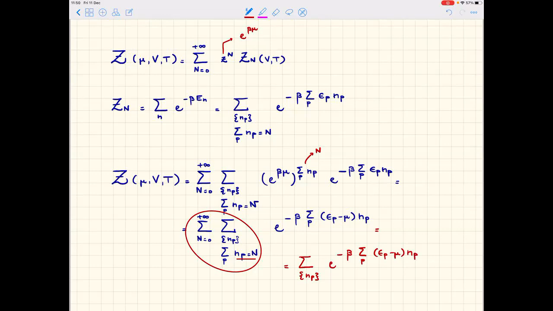I repeat, while here I get sequences with this constraint, since I'm summing over all possible n, this is equivalent to summing over all sequences without constraints.